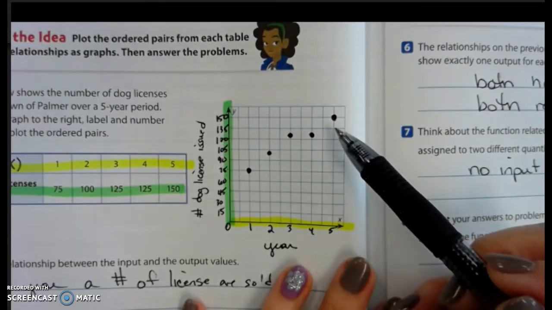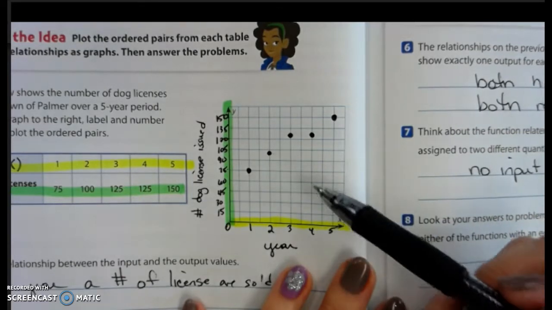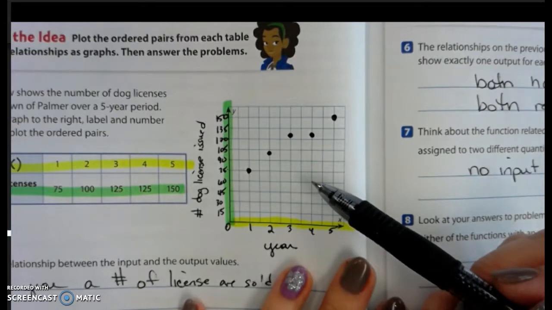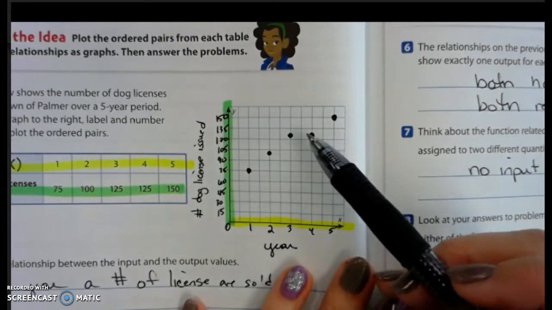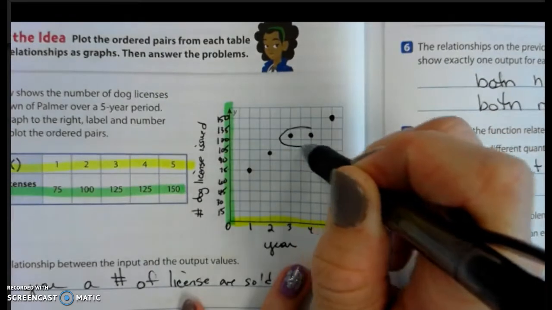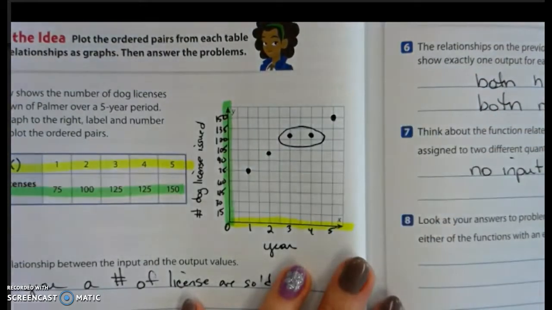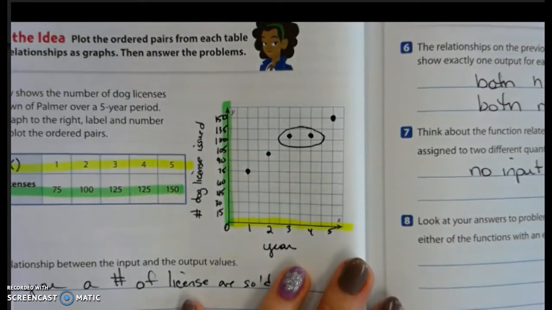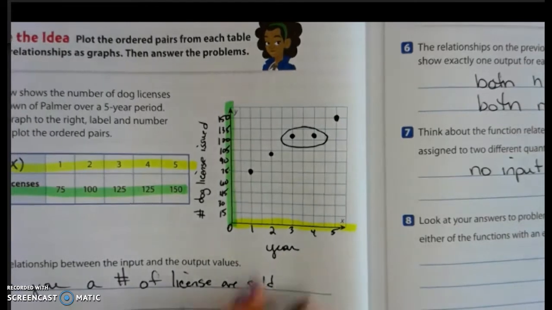Can we represent a pattern if the pattern changes? No. Okay, there's no way to fix this anomaly. So because we have 1 year that did not follow the pattern, we cannot represent this with an equation. It is a function. It is just not a function with an equation.